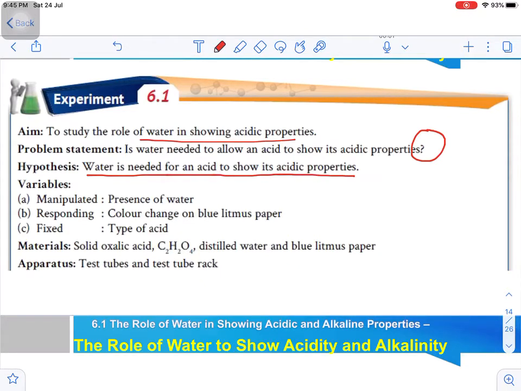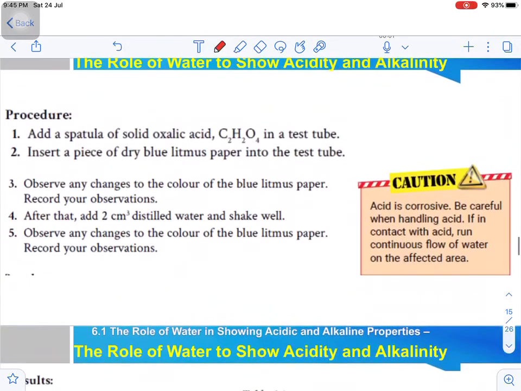So our manipulated variable is the presence of water, responding variable is the color change on blue litmus paper, and fixed variable is the type of acid. So we have materials here: solid oxalic acid, distilled water and blue litmus paper, and then apparatus: test tubes and test tube rack.